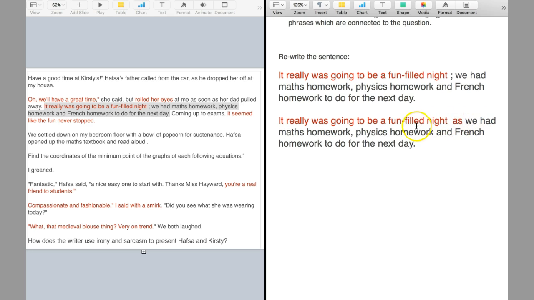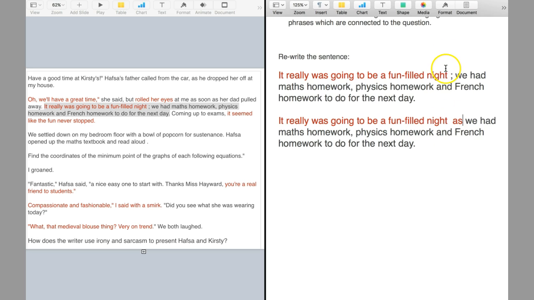When it is one sentence with a semicolon, you are stopping there. But when I add a conjunction like "as", you're continuing, and when you're continuing, you lose that punch. It is a kind of suspense.